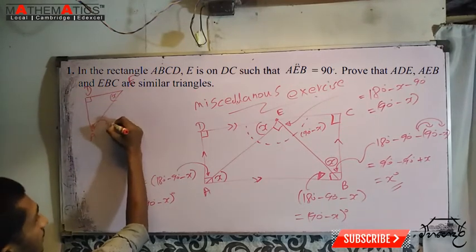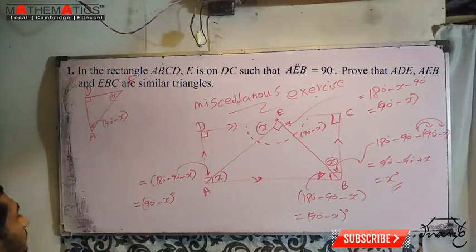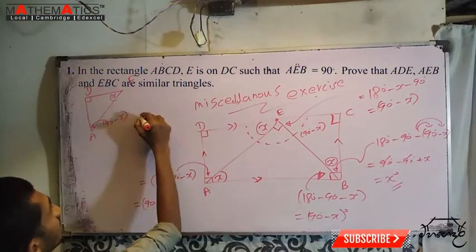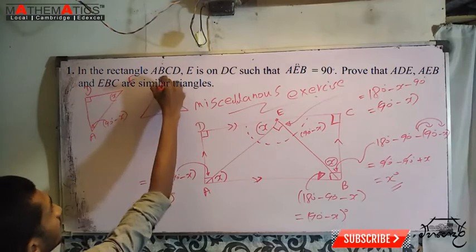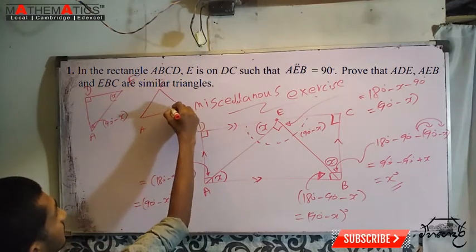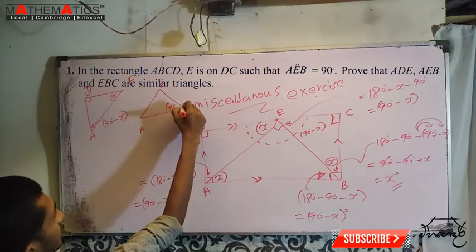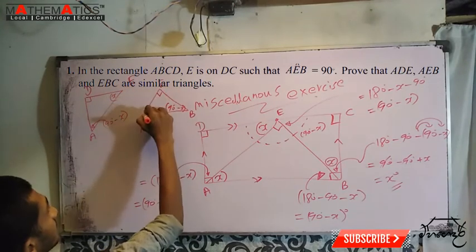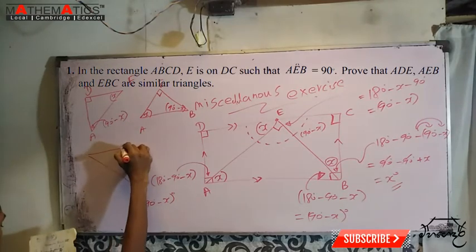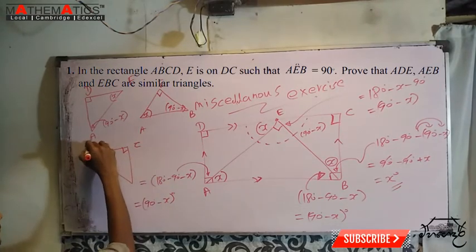Now the middle triangle, EAB: 90 minus x, 90 degrees and x. And after that the last one: x is here, and 90 minus x is here.